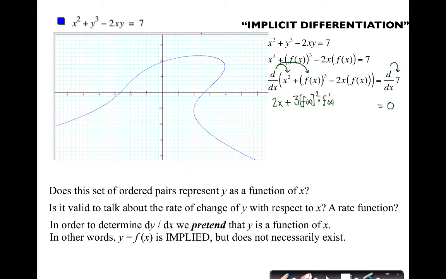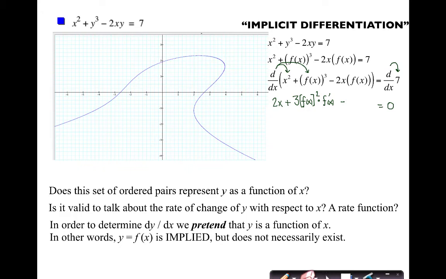But I've got one more term to deal with here, and this one's a little messy. I've got to take the derivative of 2x times f of x, or 2x times y. It's a product. I know that the derivative of 2x is 2. F of x, the derivative on its own would be f prime. But if I have a product of the two, this requires product rule.